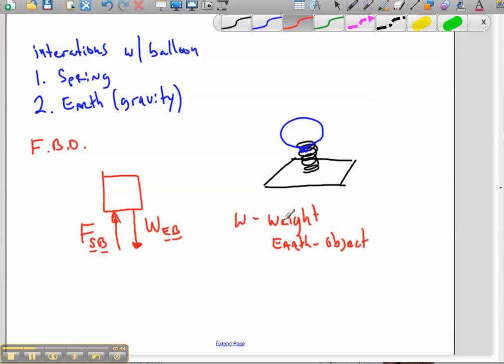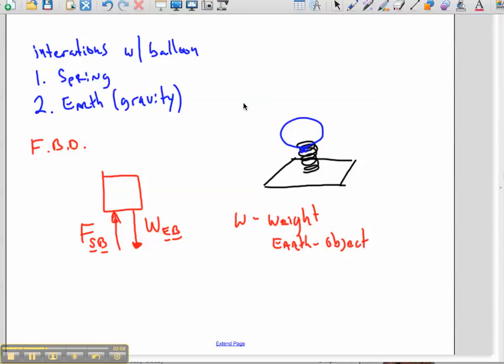So the word weight specifically refers to a gravitational interaction between a planet or a moon and some object. That's what we mean by weight. The weight of an object is related to how much matter makes up the object and how big the planet is. But for our purposes, we understand the sense of weight as being the sense of being heavy. Alright, so that's the free body diagram notation there.